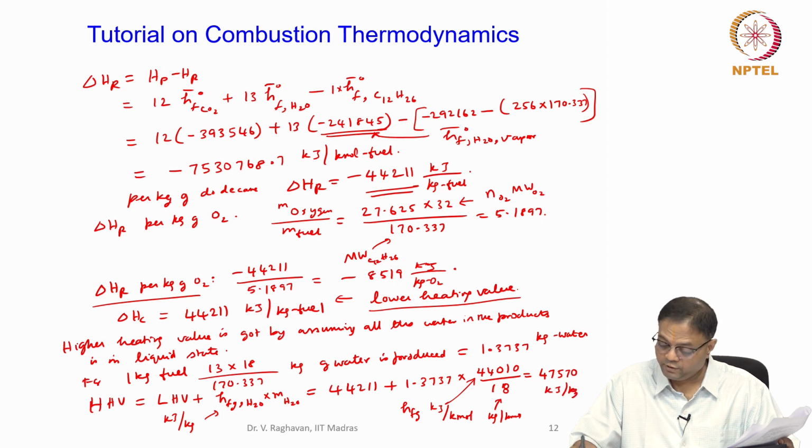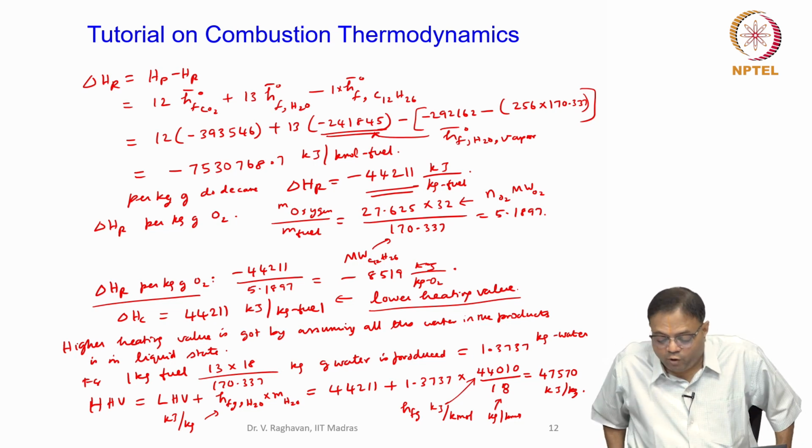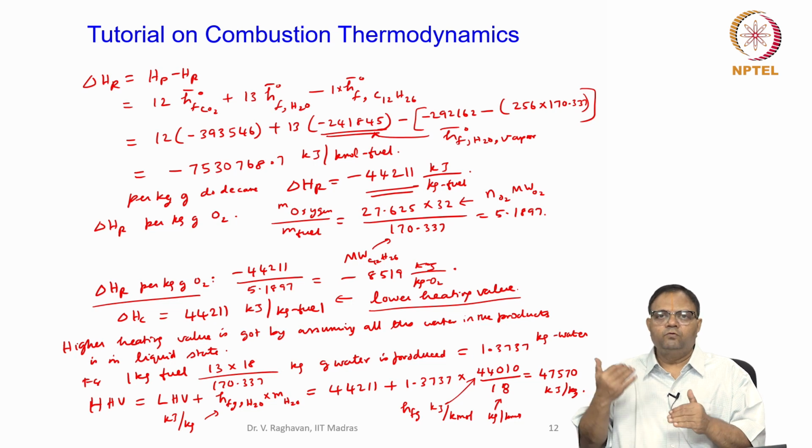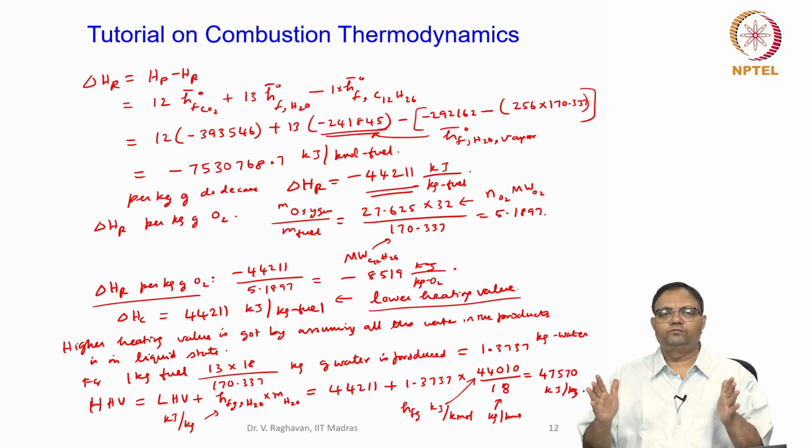Okay, so please understand that the water vapor which is formed will obviously condense when you cool it, but we cannot say how much is condensing. So we have two extremes.